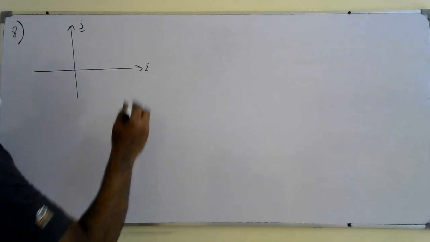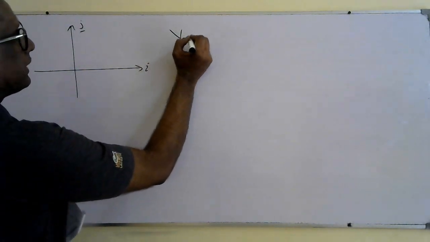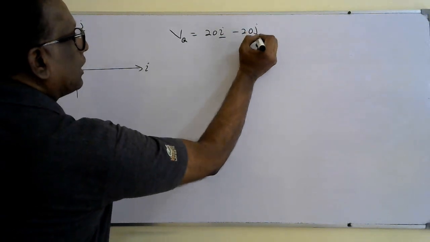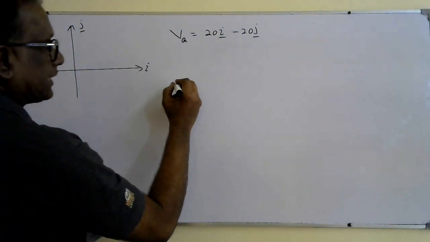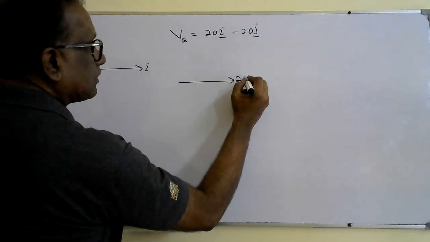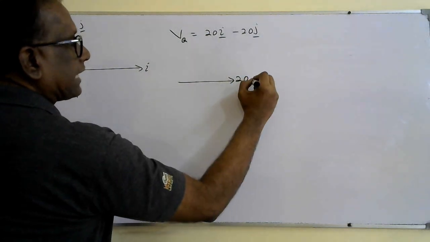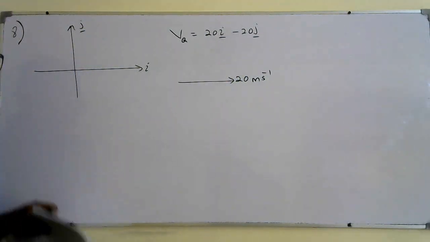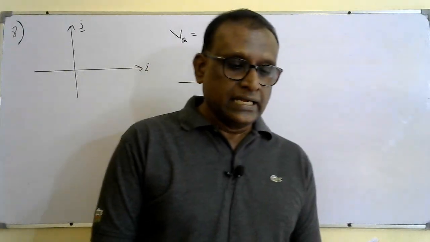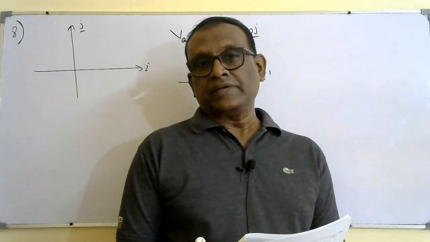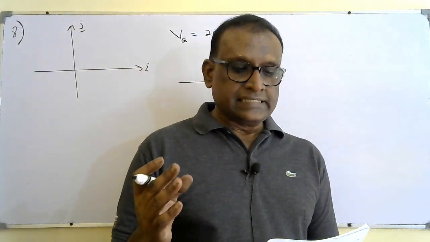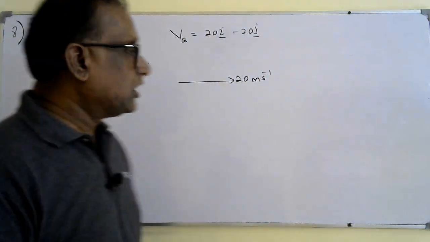Velocity of Q is 20i minus 20j, which means along the i direction the component is 20. Along the j direction, downward towards the south, because in the question i is along the east and j is along the north, so minus j is south.